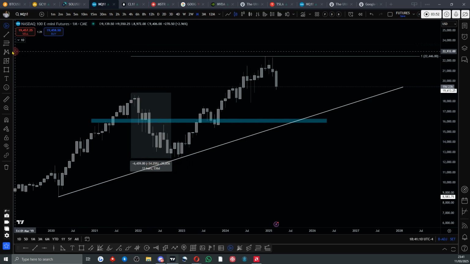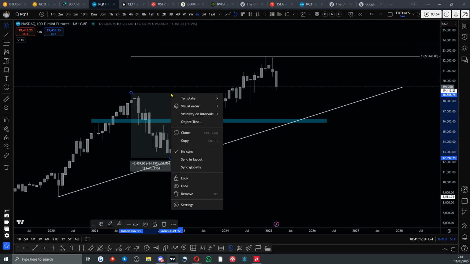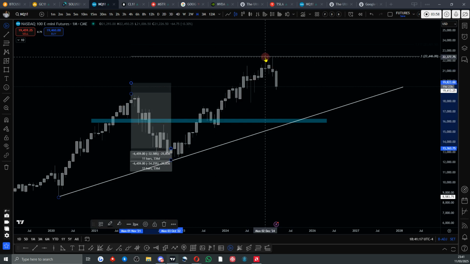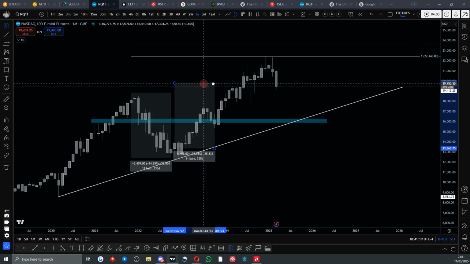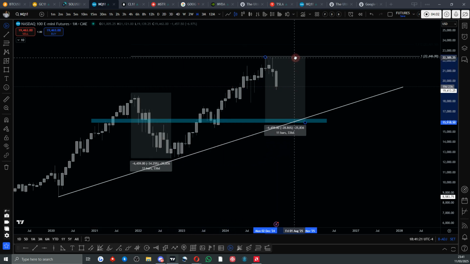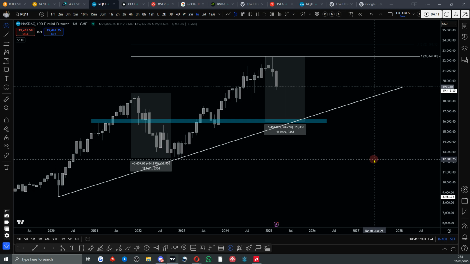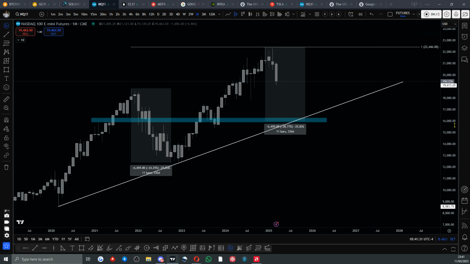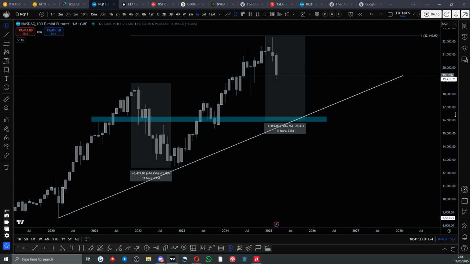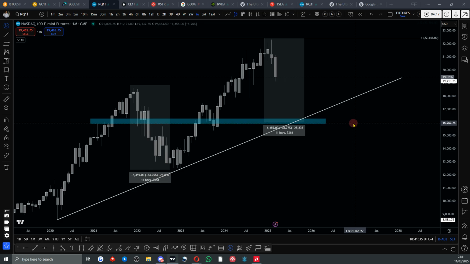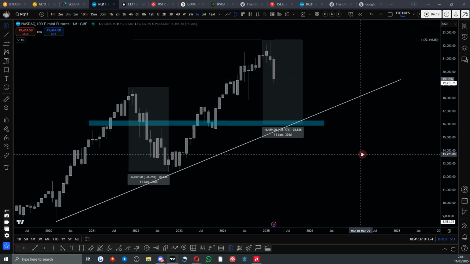Then I will clone that and drag it over to this side off of that wick. And that fits pretty perfectly inside of that 618.